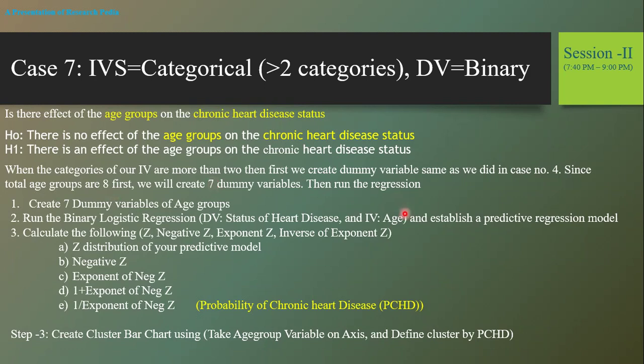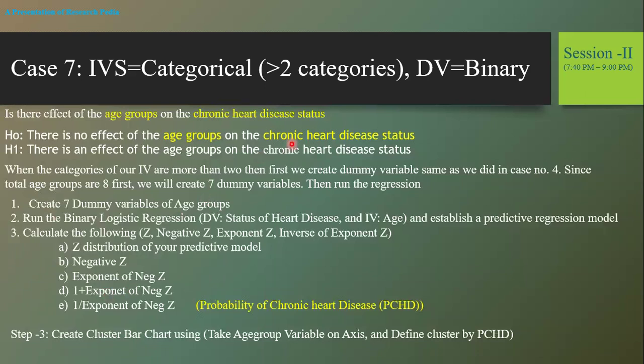Then we will run the regression in the same way as we were doing previously. As a first step, you need to create 7 dummy variables of the age group. Then you run the binary logistic regression in the same way, using DV as the status of heart disease and IV as age, and establish a predictive regression model. Then you calculate the z value in the same way as we have done.